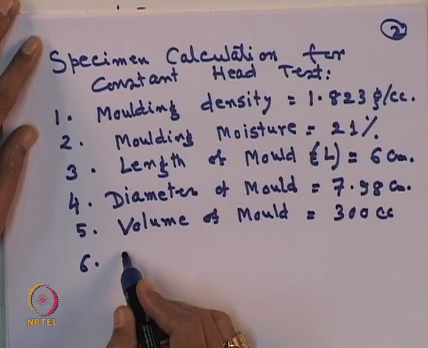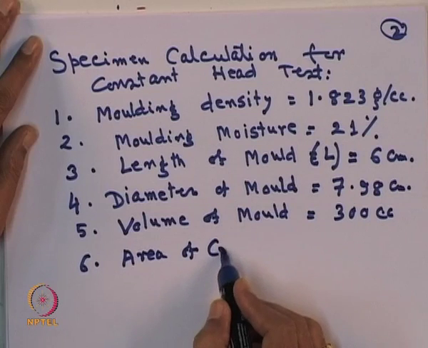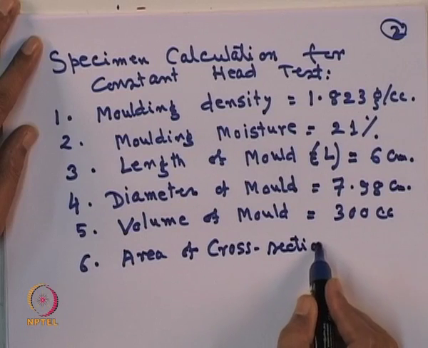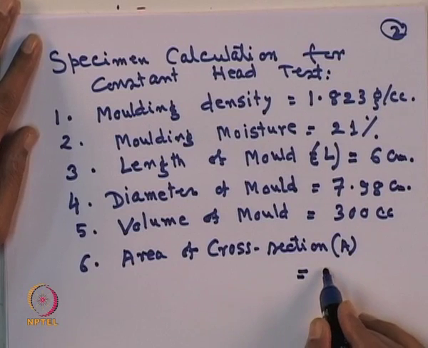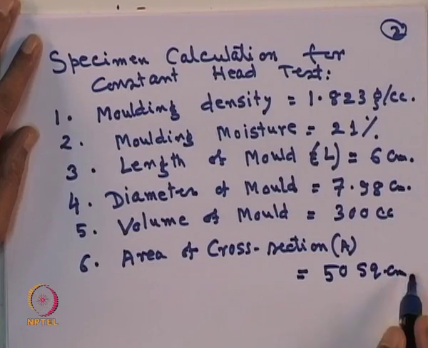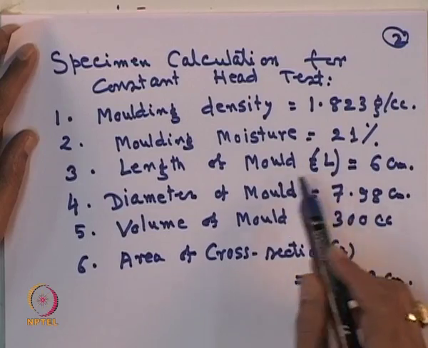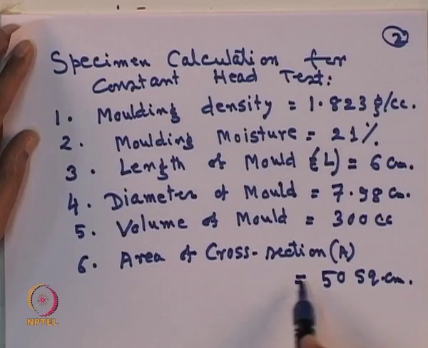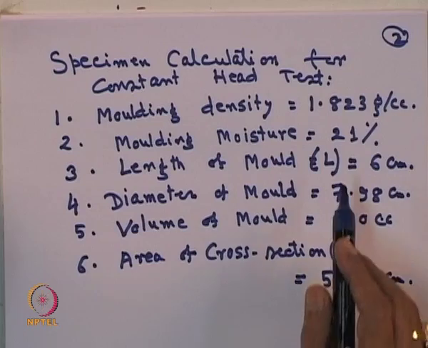And next, area of cross section, designated as A, is equal to 50 square centimeter. So we know the density, moisture, mold length, the diameter of the mold, volume of the mold, and area of the cross section. So we know all these parameters.